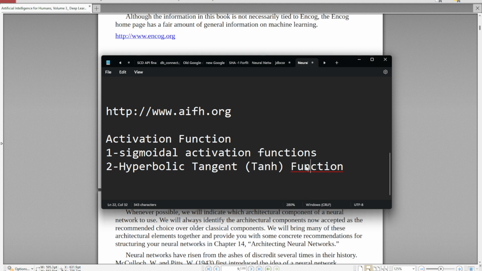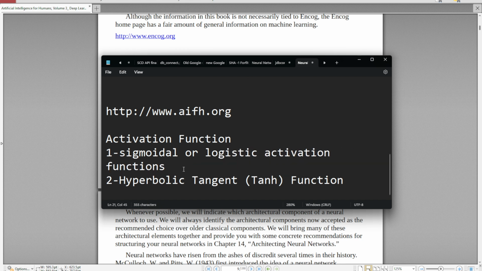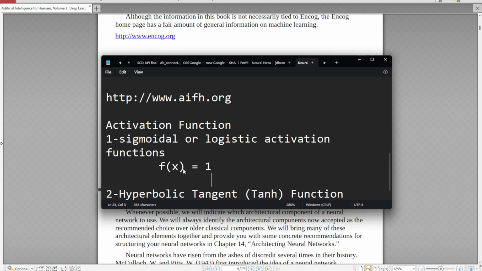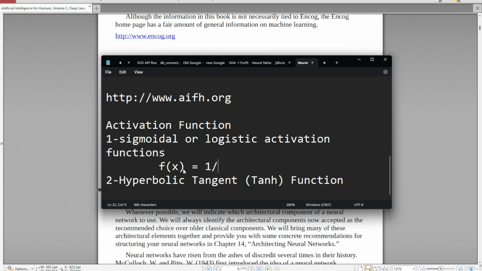Okay, now let's see the formula in the sigmoidal activation, which is sigmoidal or logistic. The function is f(x) equal to 1 divided by 1 plus e to the power of minus x.